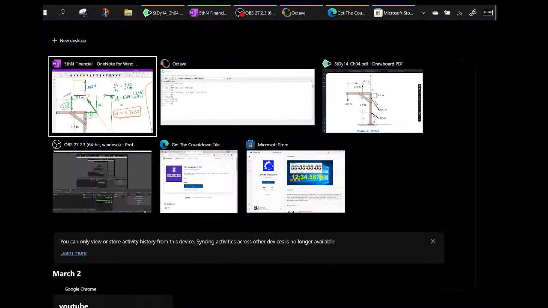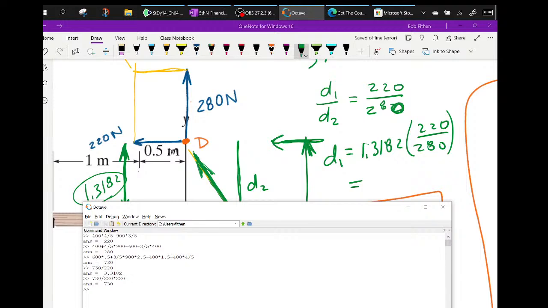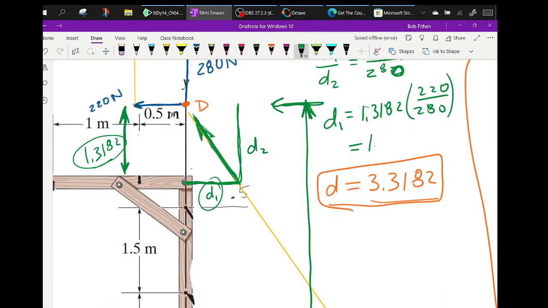Okay, 220 divided by 280 times 1.3182, 1.0357. So that's distance 1.